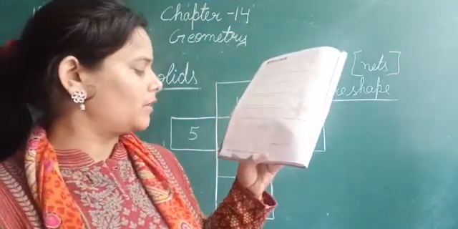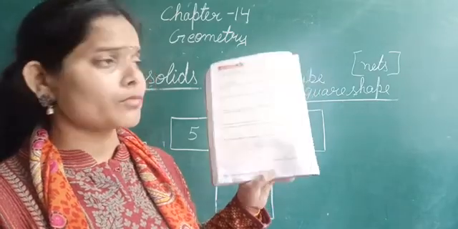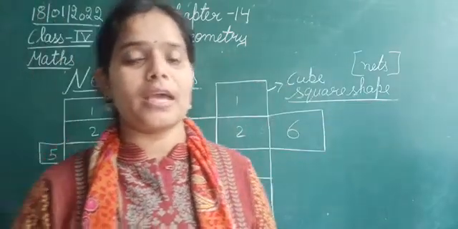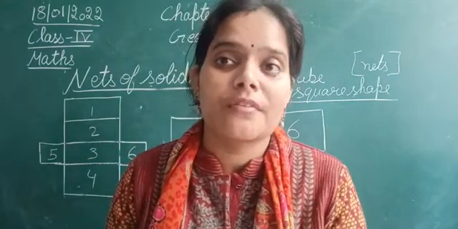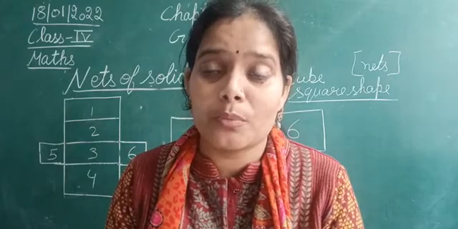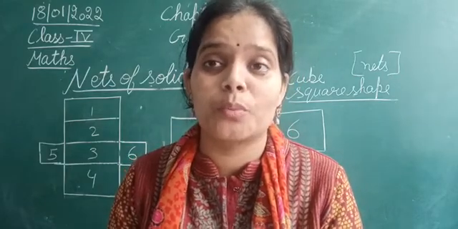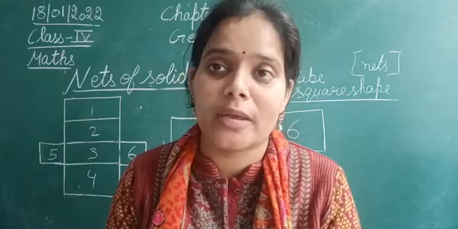In the lab activity, let us make a net of a cube. For making a net of any shape, whether it's a cube or a cuboid, first you need to have a cardboard box. By using a cardboard box you can make the net of any cube, cuboid or any solid shape.